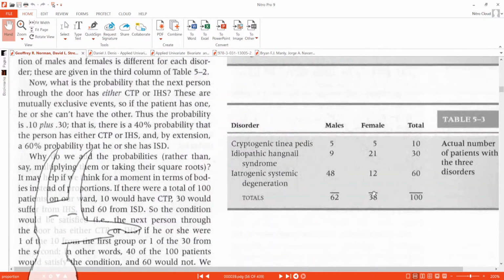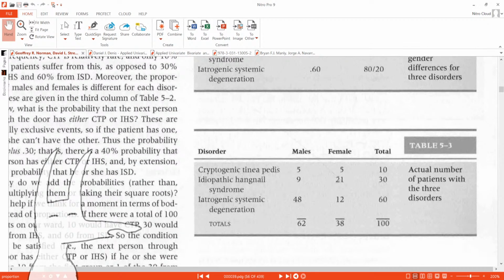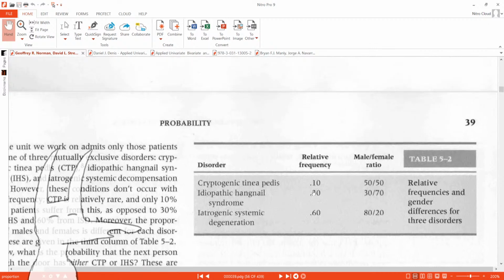The probability of a female with IHS. 21 over here, and we can figure that out if we just say 100 multiplied by 0.3 is 30, 30 multiplied by 0.7 is, yeah, 21.